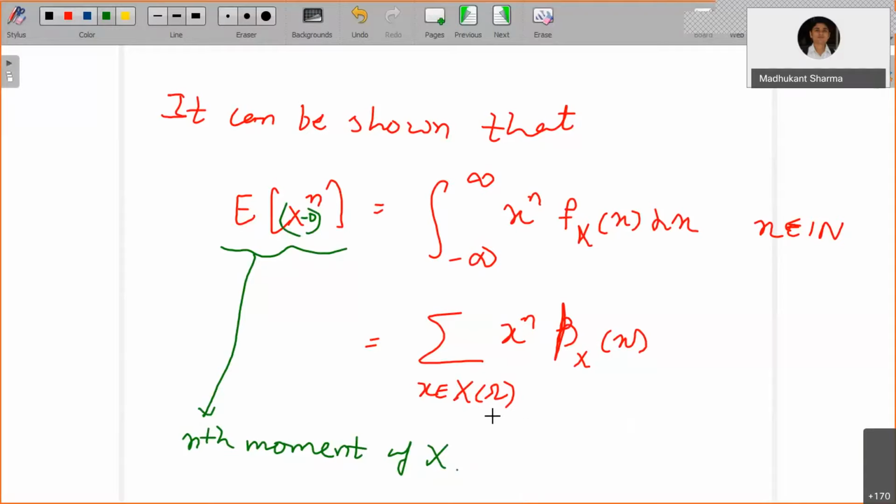Soon you will see the moment about the mean, which is what we are more interested in, and what the moment generating function is, and so on. So this is the nth moment, or moment about the origin, of the random variable x.